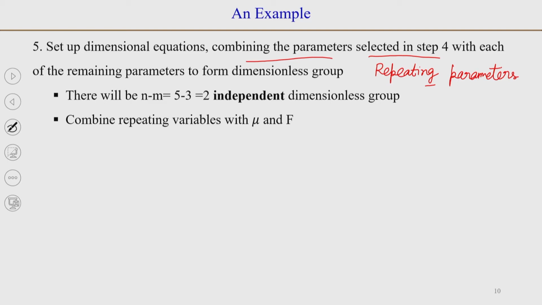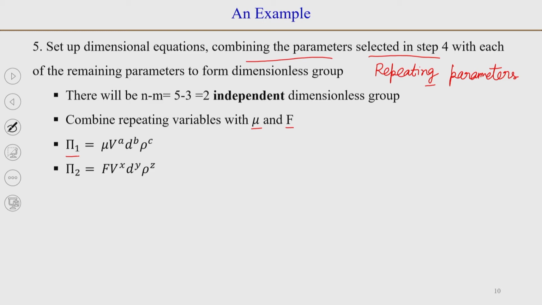So, you combine these repeating variables with mu and f, which are the two remaining variables. So, we will have two dimensionless groups. Let us call these dimensionless groups pi. So, pi 1 is equal to mu v raised to the power a, d raised to the power b and rho raised to the power c. The second dimensionless group is f v raised to the power x, d raised to the power y, rho raised to the power z.